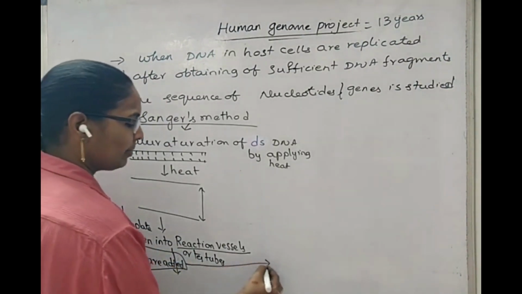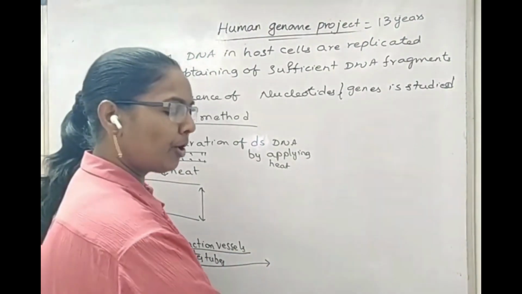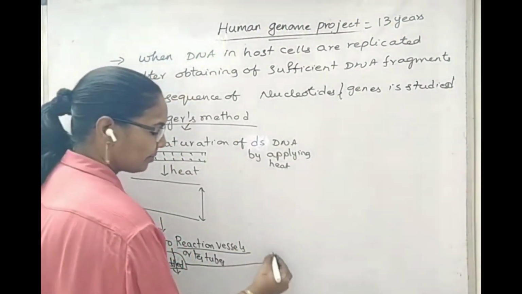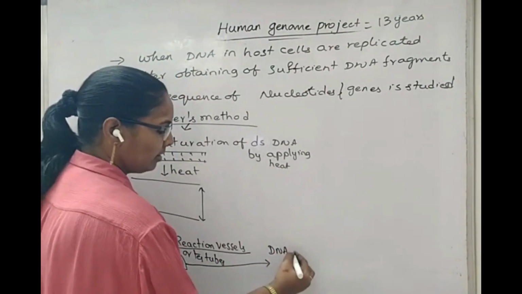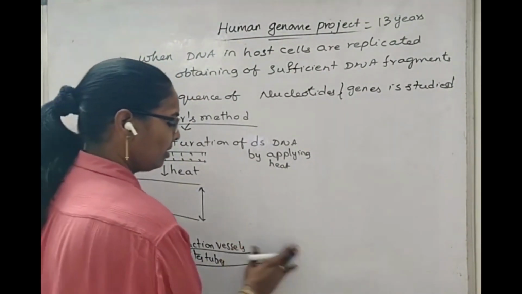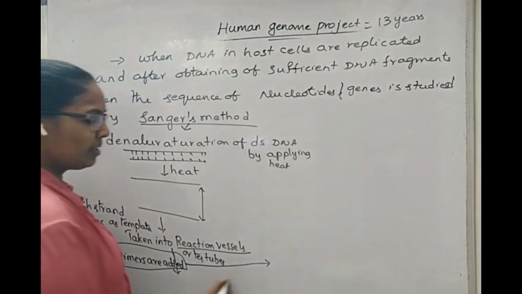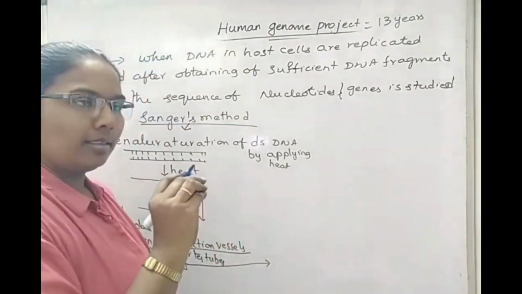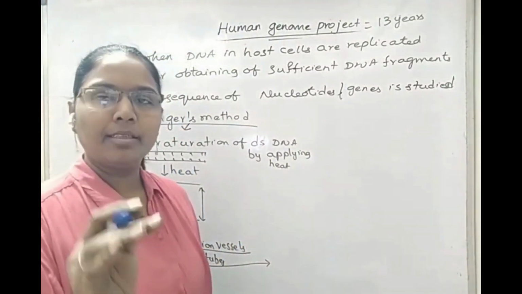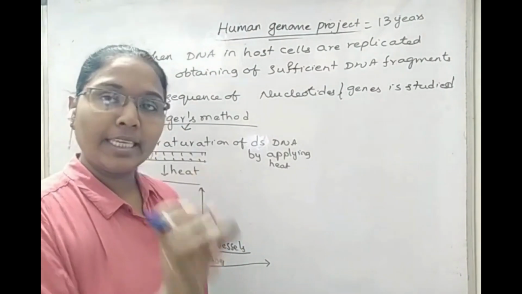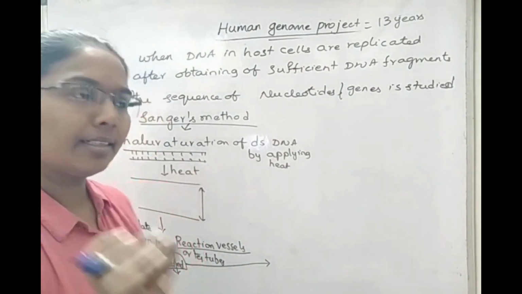After addition of the primers, then DNA polymerase is also added. Then the total DNA plus the primer, according to the sequence, is equally distributed into 4 different test tubes.